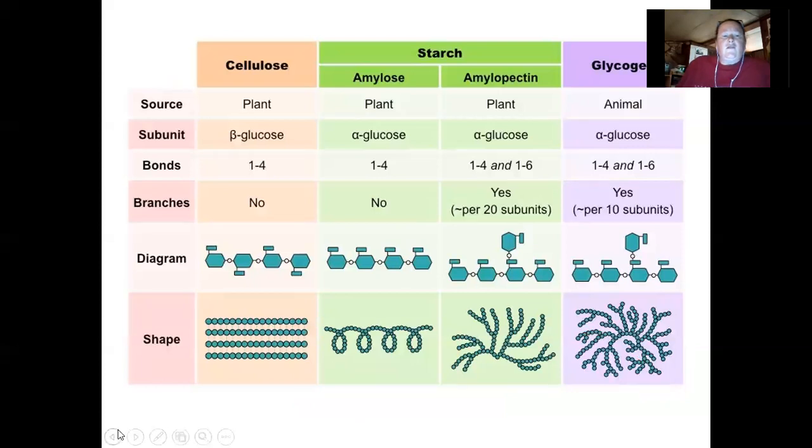Cellulose doesn't form these helices like starch does. Because of the nature of the beta 1,4 linkages, it has more of a straight structure. And what happens is there are extensive hydrogen bonds occurring between these straight structures.